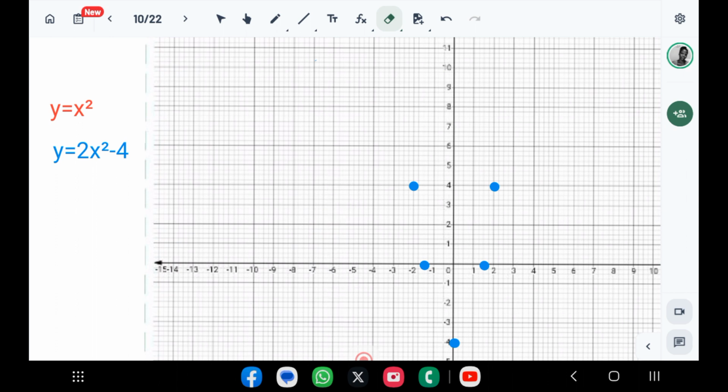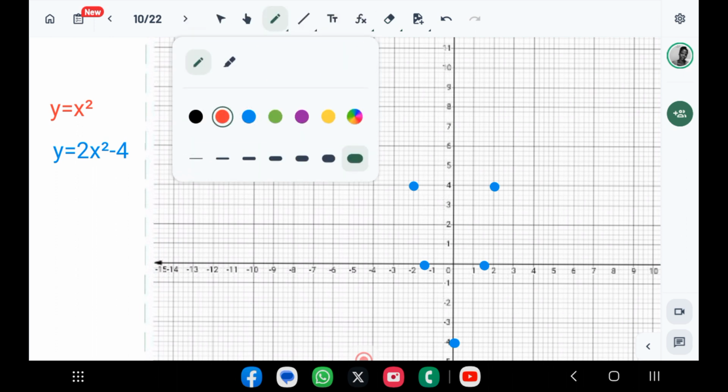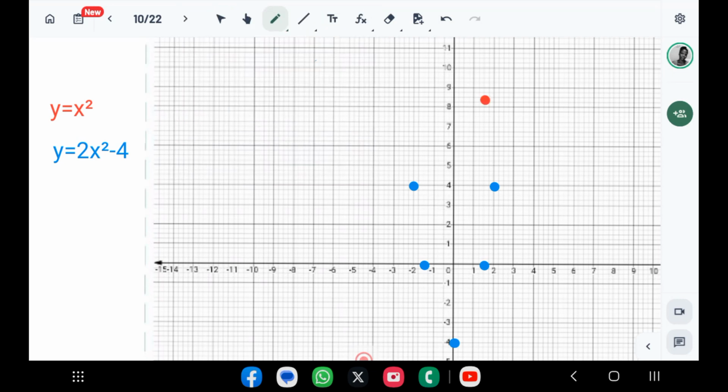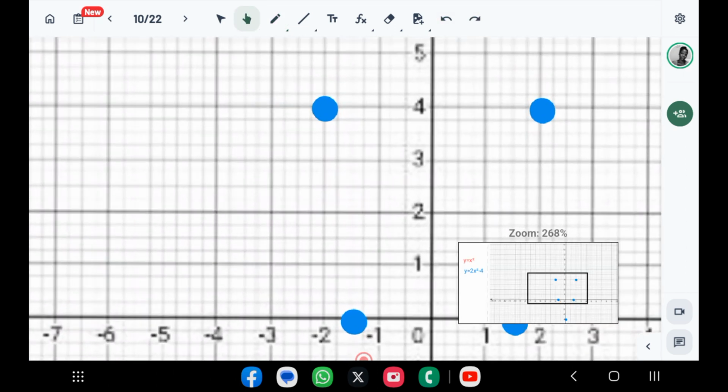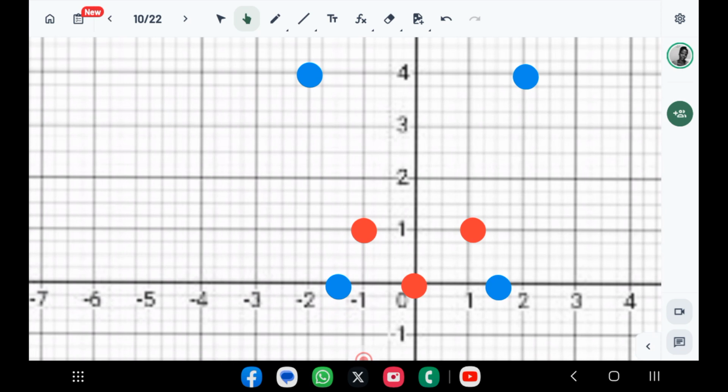We've already drawn the important milestones for this one, so let's draw the other one. The other one is very simple. When x equals 0, y equals 0. When x equals 1, y equals 1 on either side. When x equals 2, y equals 4 on either side.